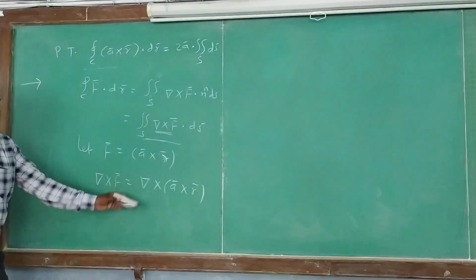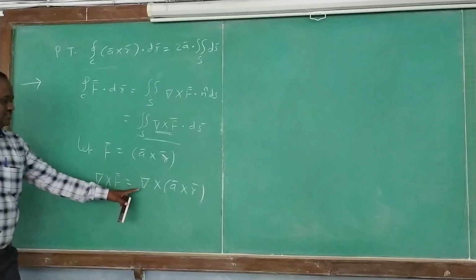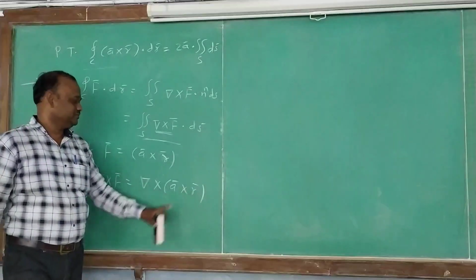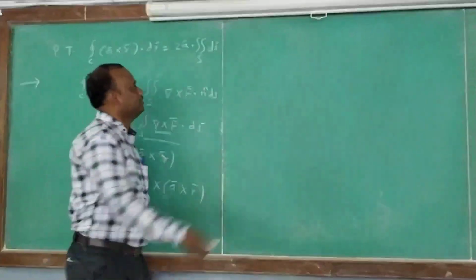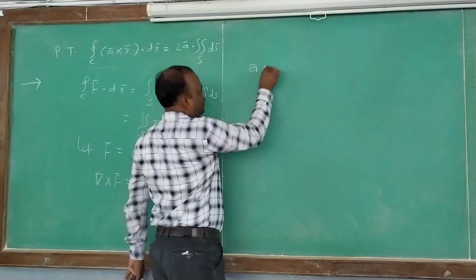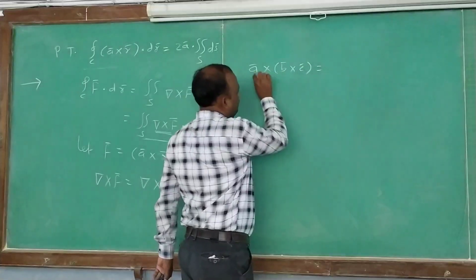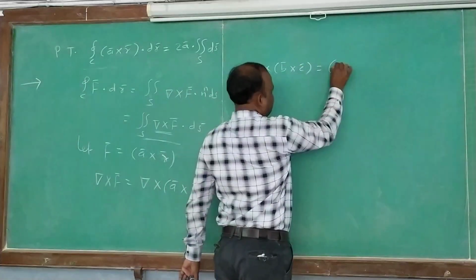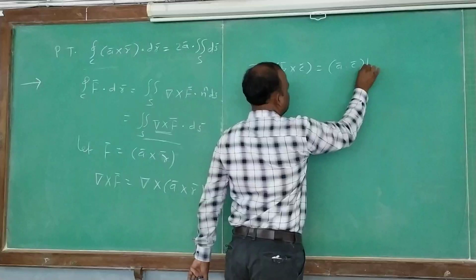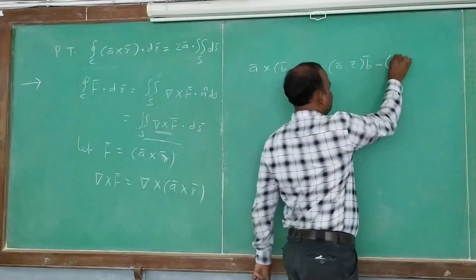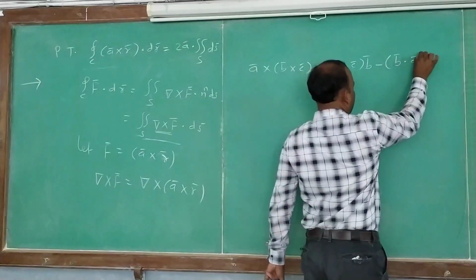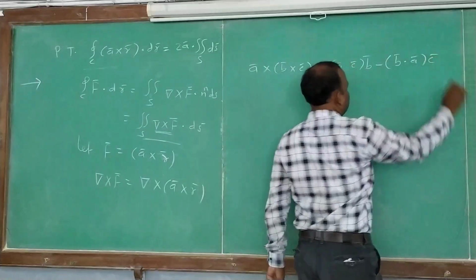Now how do we find this del cross a bar cross r bar? Del is also a vector, a bar is a vector, r bar is a vector. So we know the vector triple product: a bar cross b bar cross c bar is equal to first-last, that is a bar dot c bar into b bar minus b bar dot a bar into c bar.